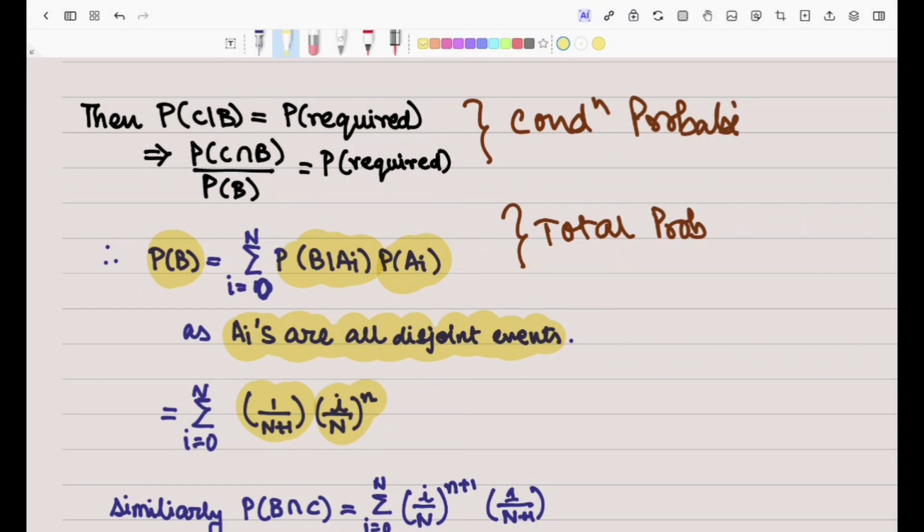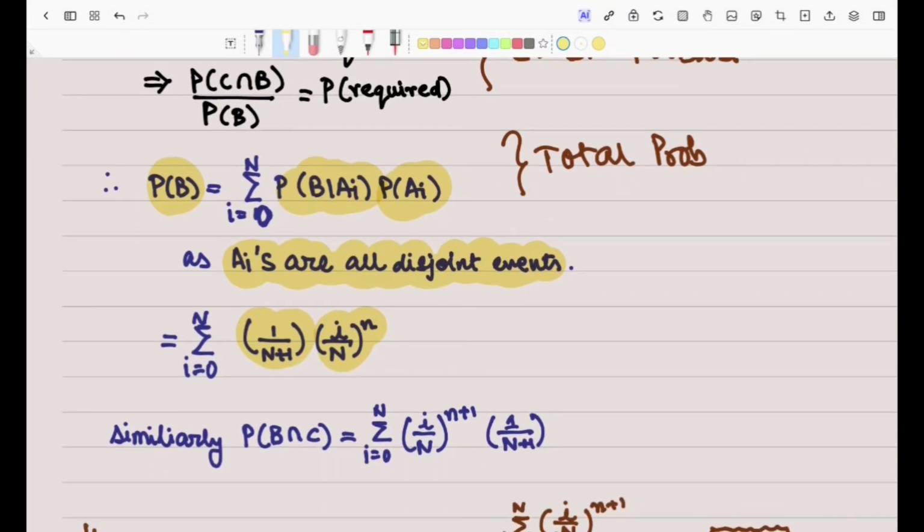So after that, similarly, you can get the probability of B intersection C, which is nothing but 1 by n plus 1, the probability of choosing the ith urn, and from that ith urn you choose n plus 1 consecutive black balls, which are drawn out.